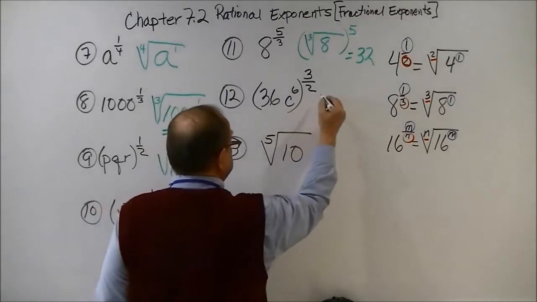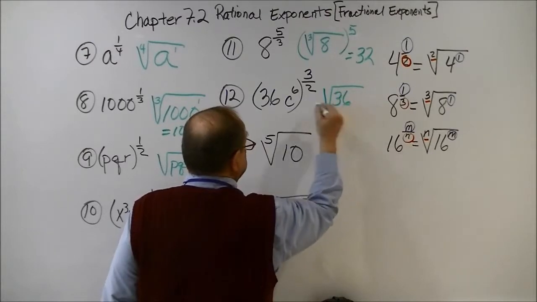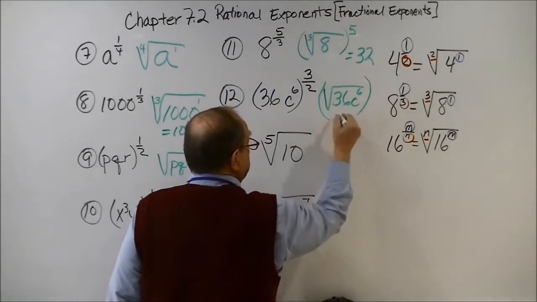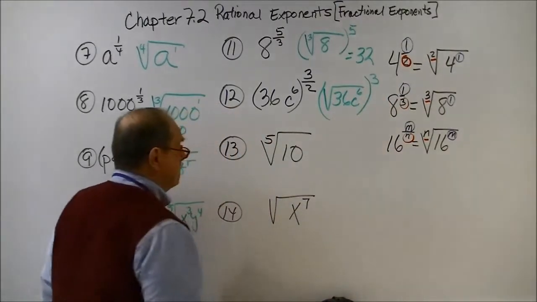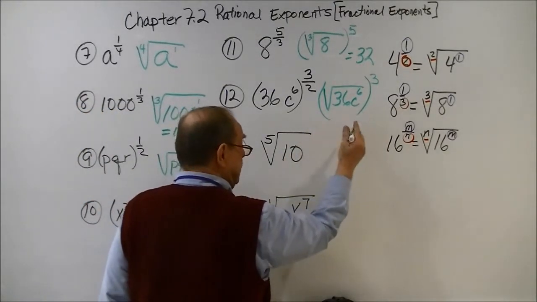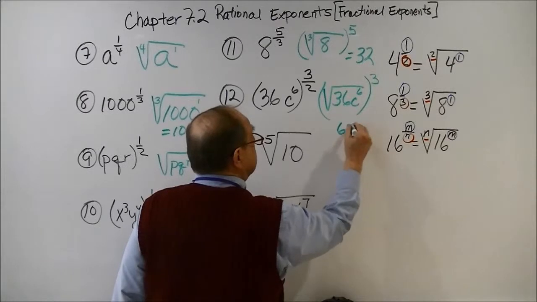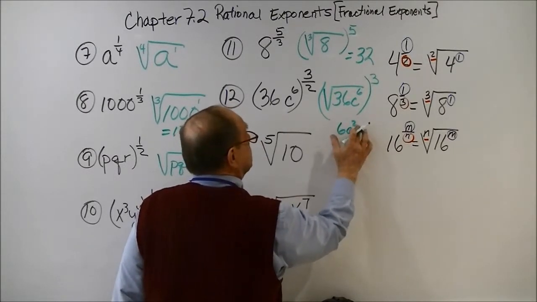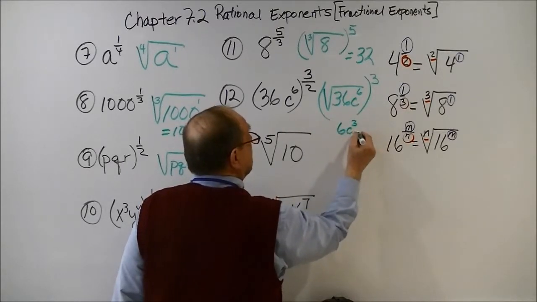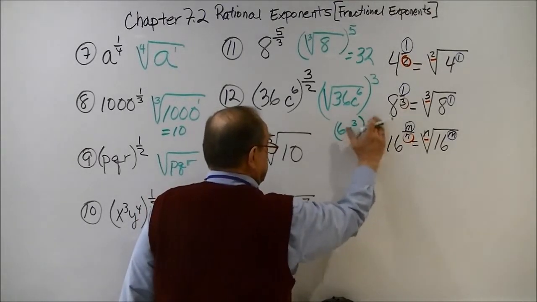Okay, in this one, it's going to be the square root of 36 c to the 6th, and then that whole thing is going to be raised to the 3rd power. Now, the square root of 36 is 6. The square root of c to the 6th is c to the 3rd, because you're dividing it by 2, and you're raising that whole thing to the 3rd.